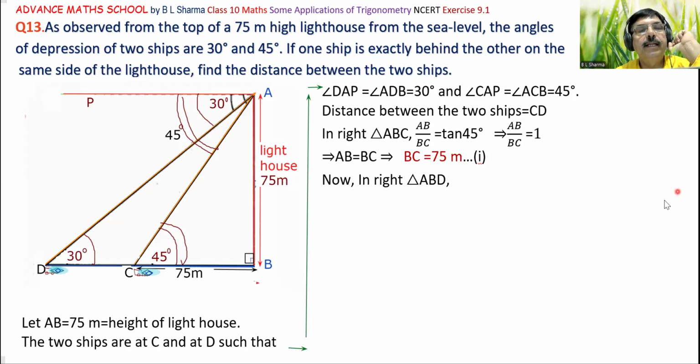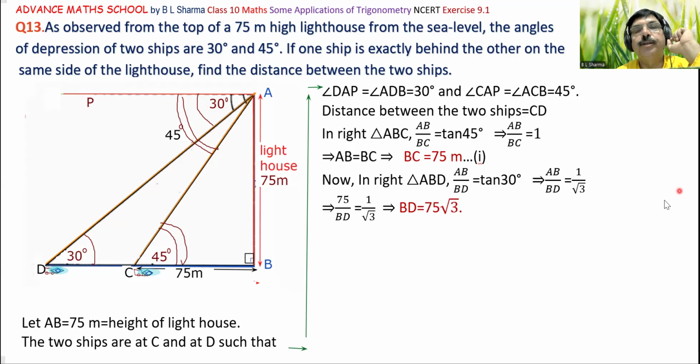Now in right triangle ABD, AB upon BD is equal to tan 30. AB is 75, and tan 30 is equal to 1 upon root 3. So BD is equal to 75 root 3.